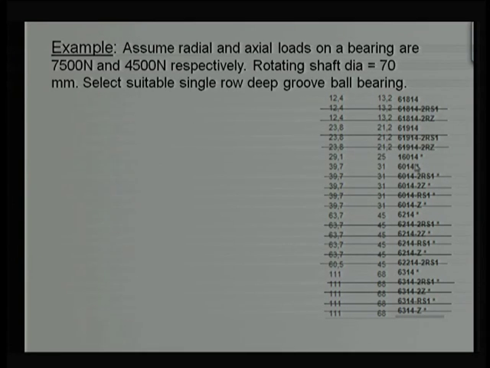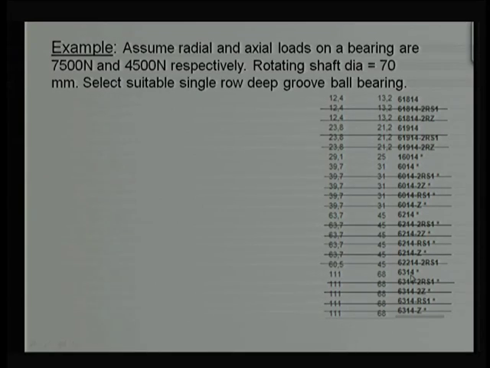These are special types of bearings, generally manufactured first by one particular company, and once the manufacturing process has been developed and it is mass produced, the company opens it to the open market for other people also. Similarly, there are the 6014 and 6314 bearings, and we need to select one of these bearings.